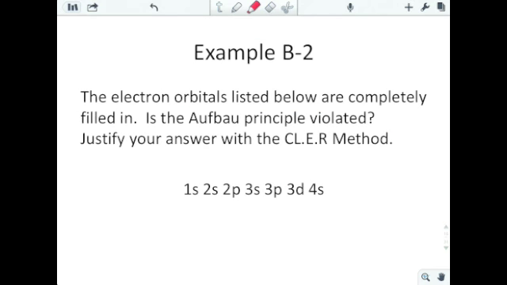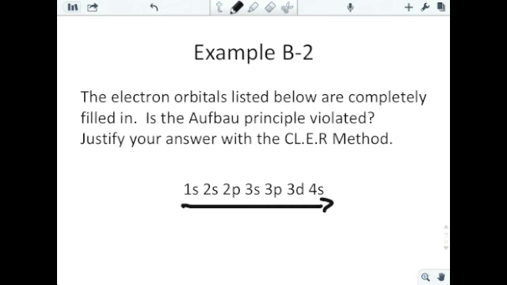Our next example says the electron orbitals listed below are completely filled. Is the Aufbau principle violated? We're saying that it is filled in this order, going from 1s to 4s at the end.